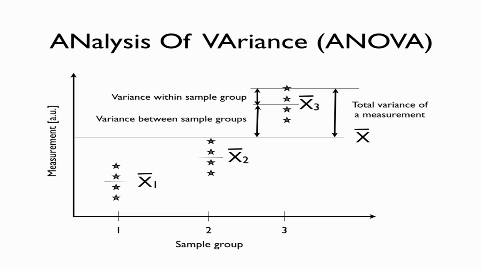So it's a little bit more flexible than the t-test itself. Just as the t-test, it compares the variance within the sample groups with the variance between the sample groups, and if the variance between the sample groups is found significantly larger than the variance within the sample groups, we find ground to conclude that we can reject the null hypothesis.